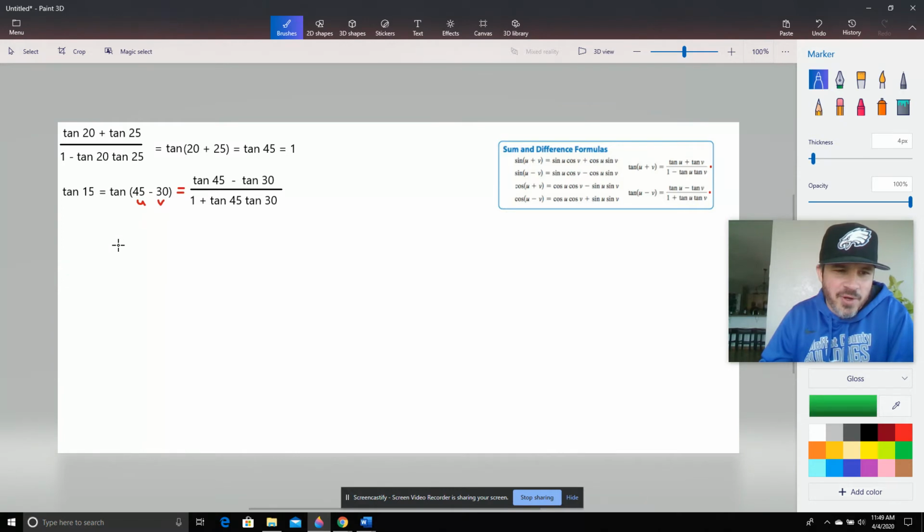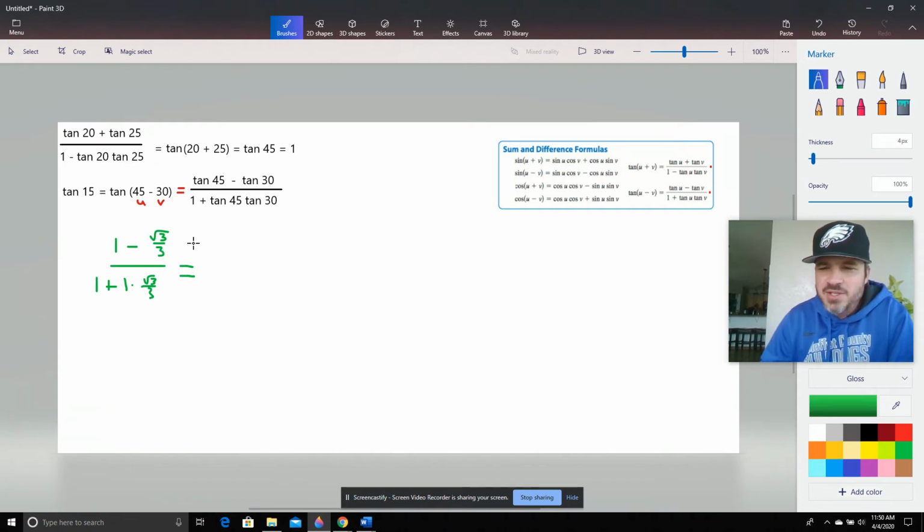Tangent at 45 degrees is 1. Tangent at 30 degrees is 1 over root 3, but we're going to go ahead and rationalize our denominator here to get root 3 over 3. On the bottom, we're going to get 1 plus 1 times root 3 over 3. And now we're just going to do some fraction math, okay?